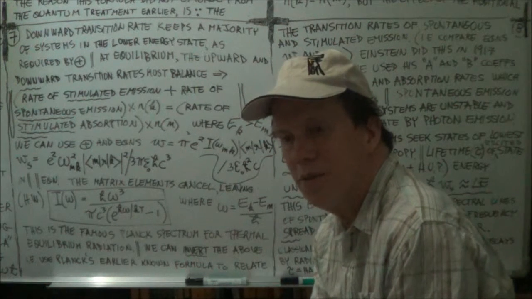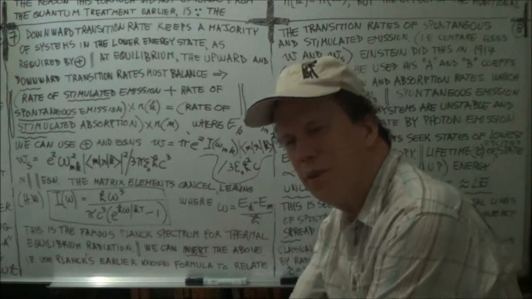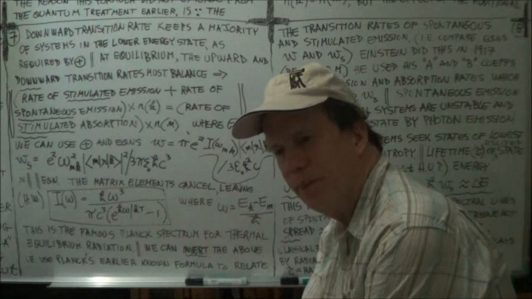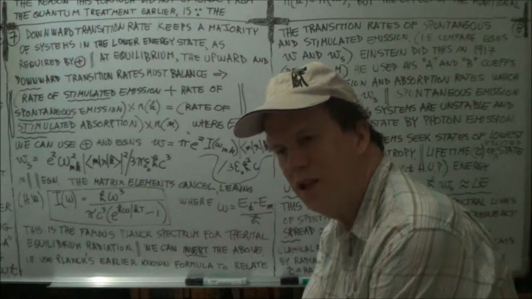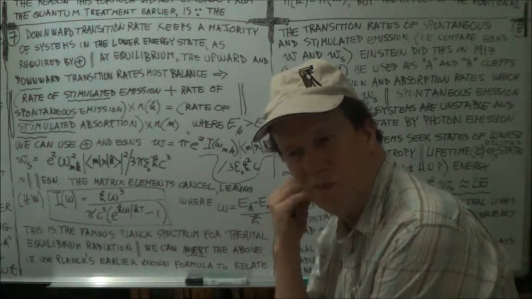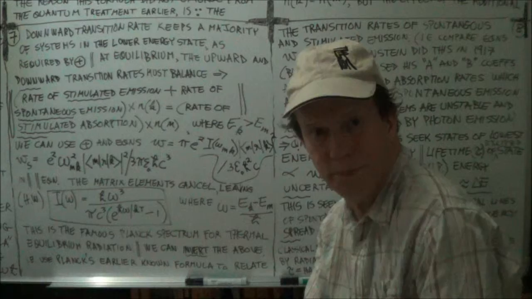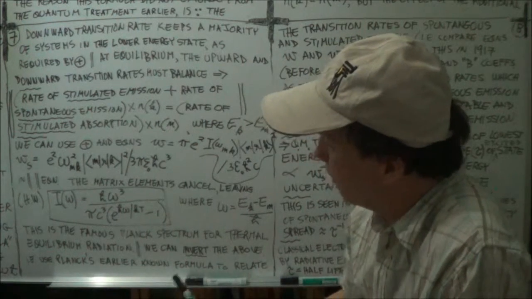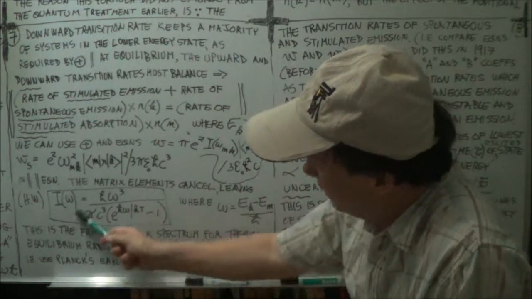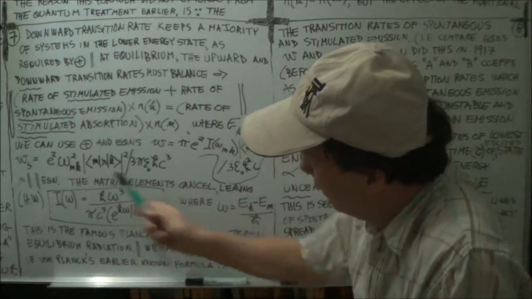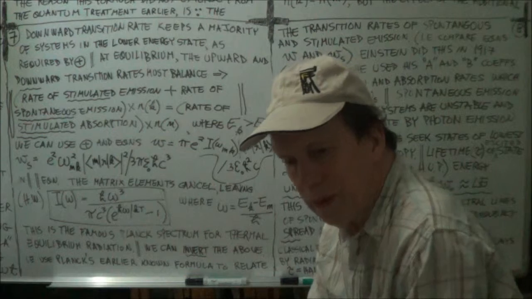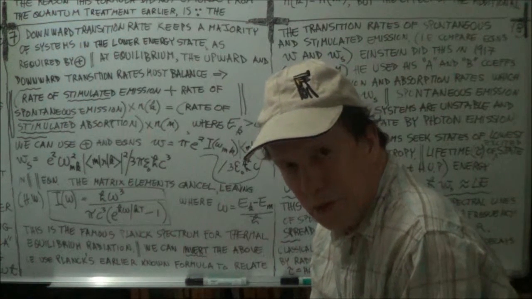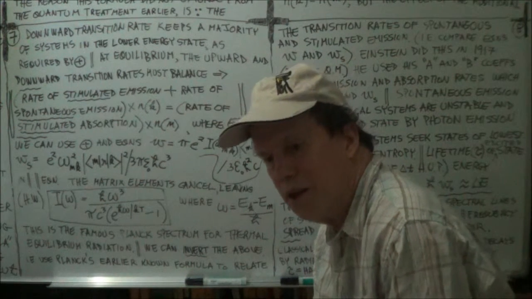I'm not quite sure, so the vertical axis would be what? The proportion of the energy distribution. I'm rusty on Planck's formula. Anyway, this we've now derived from this balance equation: Planck's famous black body radiation formula.